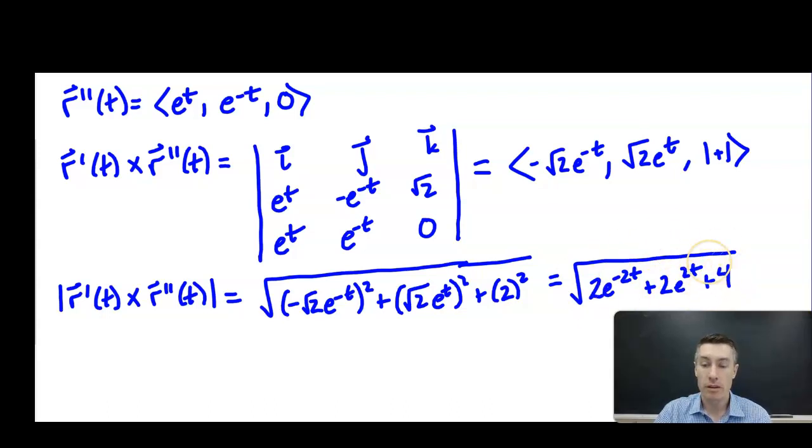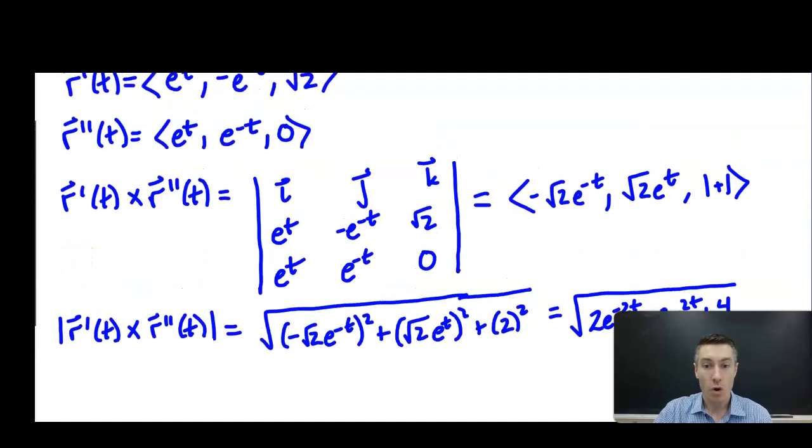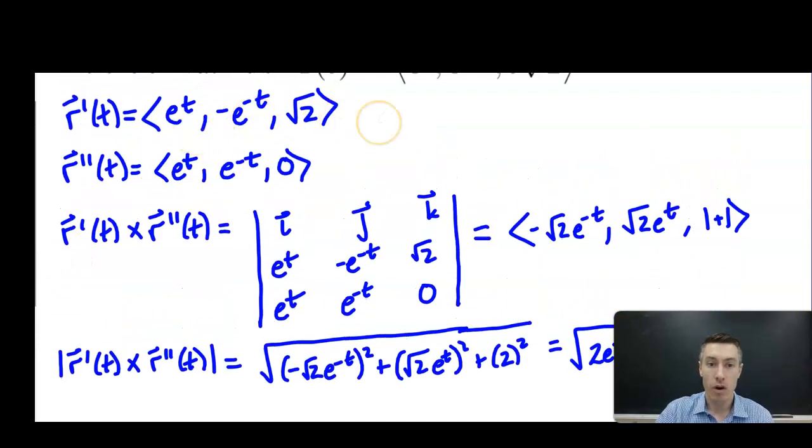Now when this happened in our arc length examples, we had to dive into the algebra a little bit deeper. Let's pause here. Let's see if we get some simplification when we go to compute the curvature, and if not, we can always start diving into some more algebraic manipulation. We also need the magnitude of r prime. So I'll use a different color here.